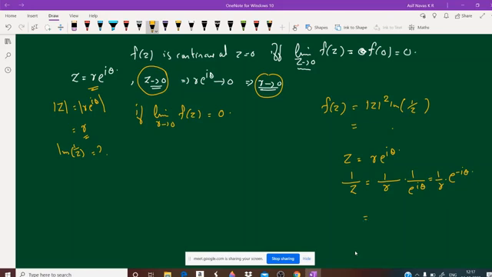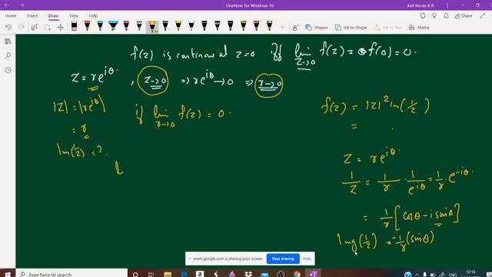So this is equal to 1 by r into cos theta minus I sin theta. So what is the imaginary part of 1 by z? It is minus 1 by r sin theta. So this is the imaginary part.